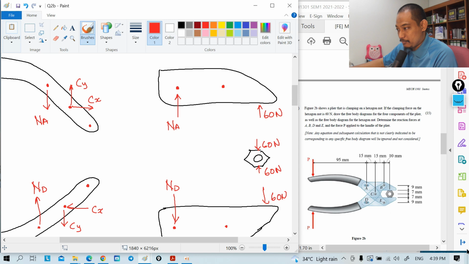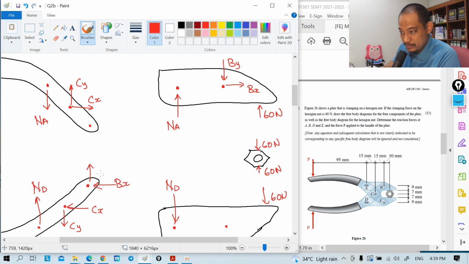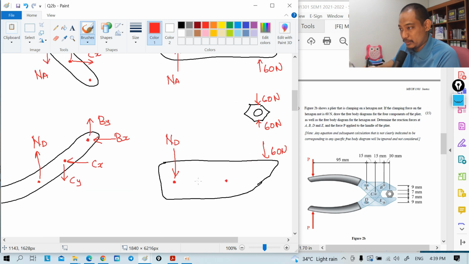Now, for point B, we have BX and BY. So let's assume this direction, BX, BY. So that is corresponding to this point here, so the opposite will be that direction and that direction, right? So BX, BY.